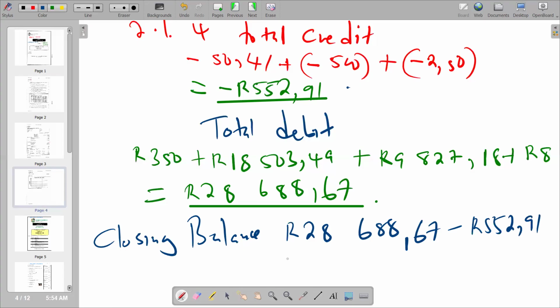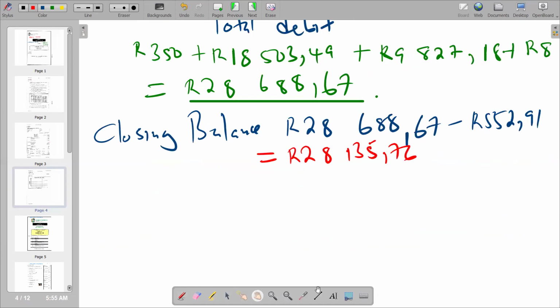So we calculate it within that context and see that the final answer you're supposed to get becomes 28,135 rands, and then we have 76 cents. So this becomes the final answer.